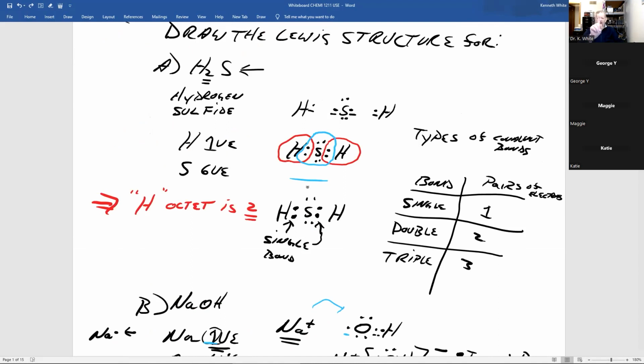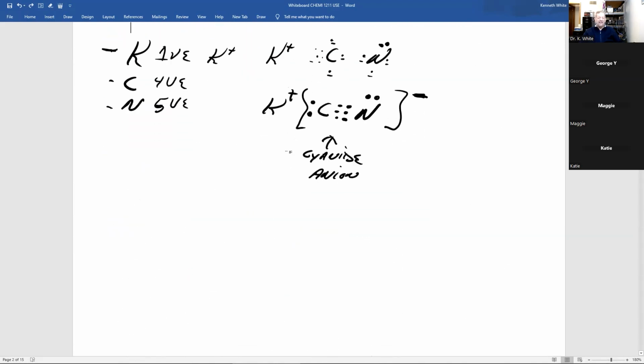Single bond, 1 pair of electrons. Double bond, 2 pair. Triple bond, 3 pair. I think this hand does it better. So, what kind of covalent bond exists between carbon and nitrogen in the cyanide anion? And the answer is this right here is a triple bond.